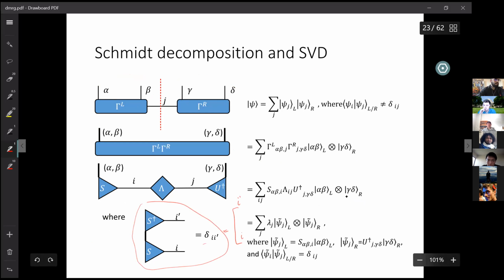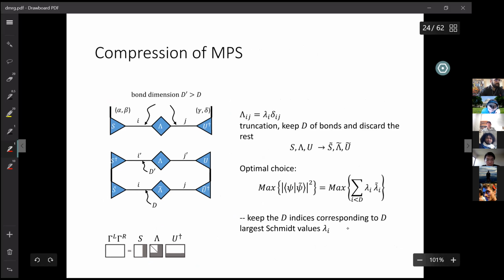This will be very helpful later. Now we just use the fact that the lambda tensor is diagonal, and we can write down the wave function in this way. This is the familiar Schmidt decomposition.